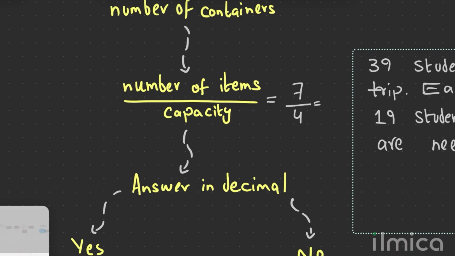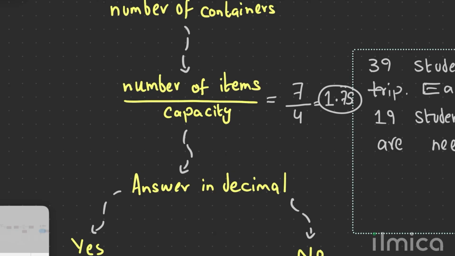As a result, the answer is going to be 1.75. The exact answer is not important, but it's going to be some decimal number.